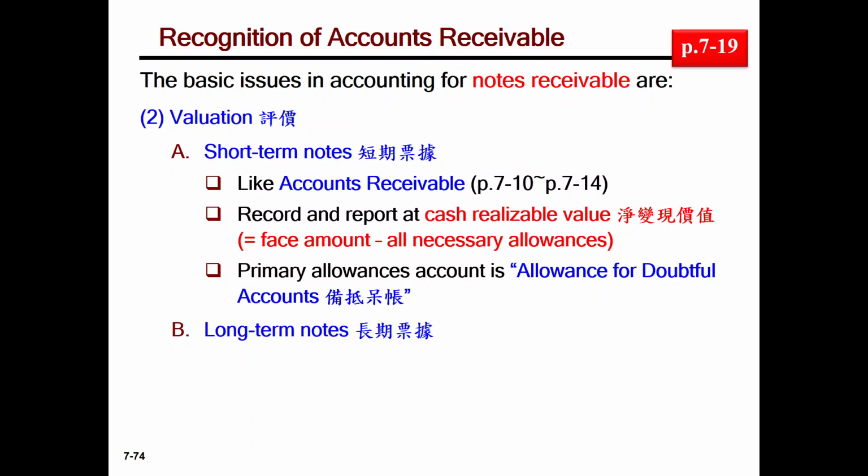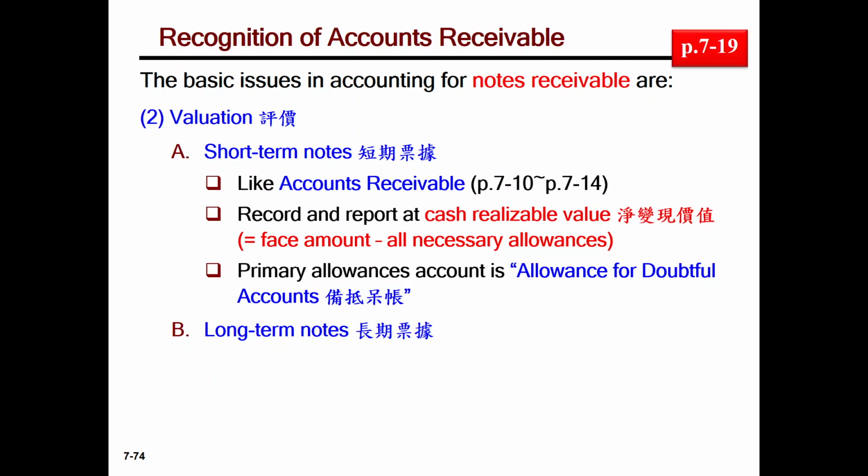So notes receivable for short term is totally the same as your accounts receivable. How we estimate the part without future economic benefit, because it's short term, we use the simple way, totally the same as accounts receivable. So we use the allowance method to estimate the bad debts.